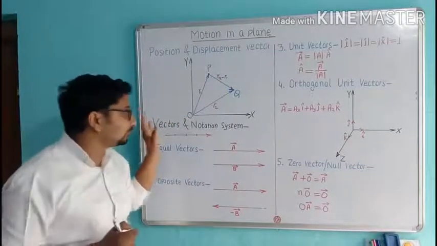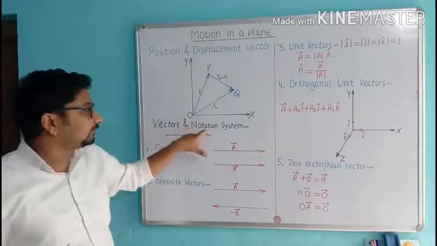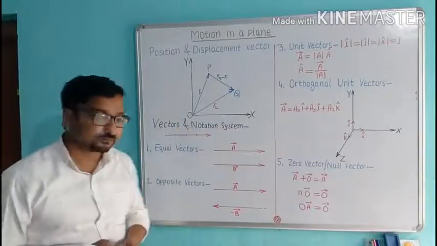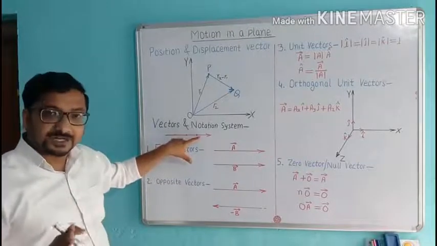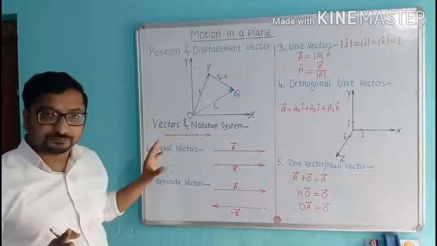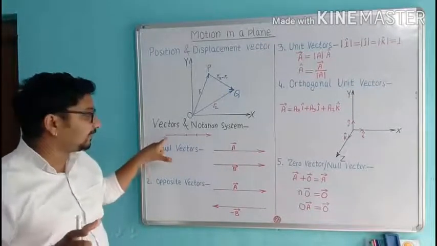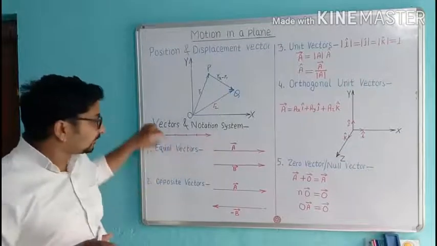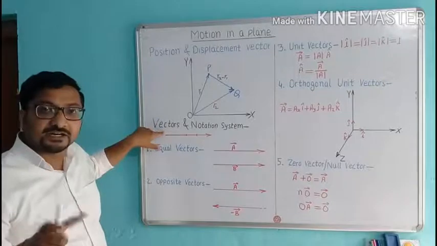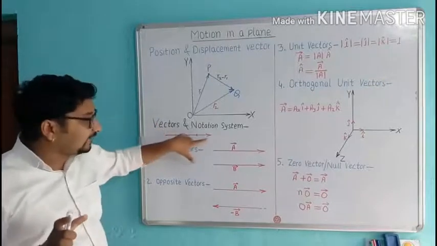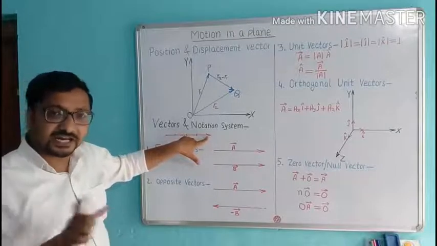Okay, so next, vectors and notation system. Any vector can be represented by an arrow, where the length of the arrow represents its magnitude and the head of the arrow represents its direction.